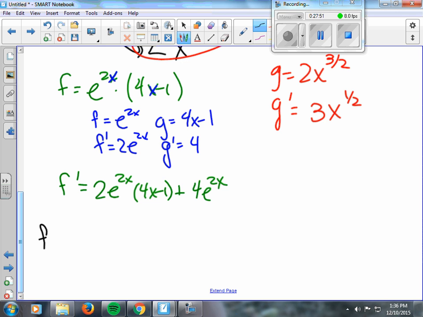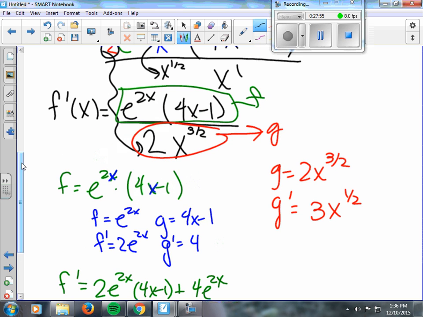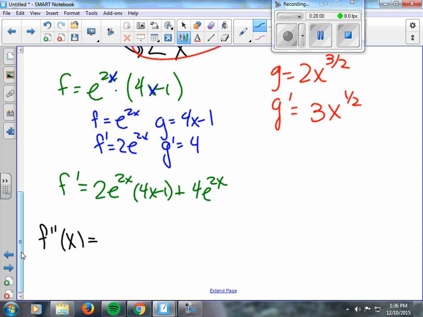So the second derivative of f, the derivative of the first derivative, where f is my numerator and g is my denominator, is, I'll color code it for you, f prime g minus f g prime over g squared.